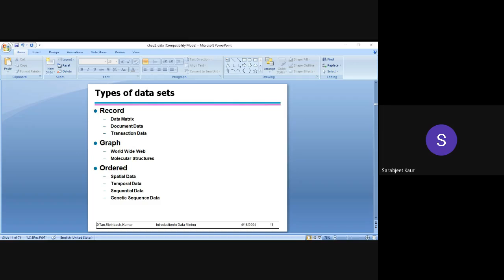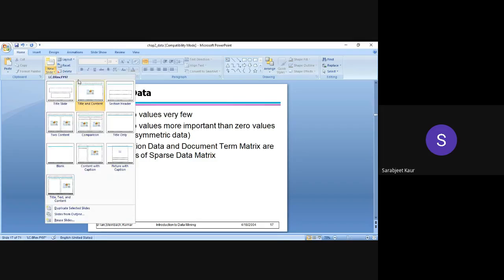So that is why we say that generally in sparse data, we deal with what is known as asymmetric data. Now, what is asymmetric data? Asymmetric data is the data where the non-zero values are more important than the zero values.